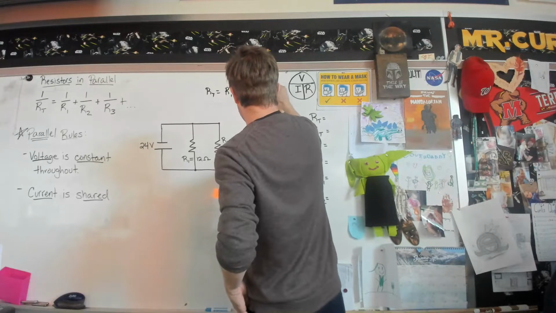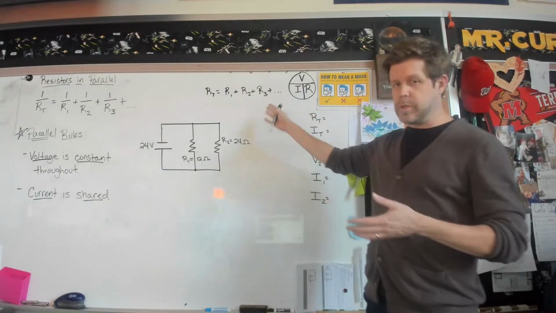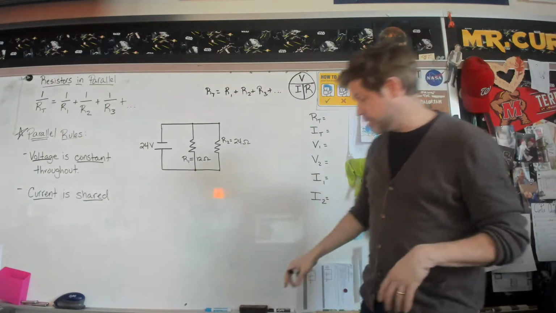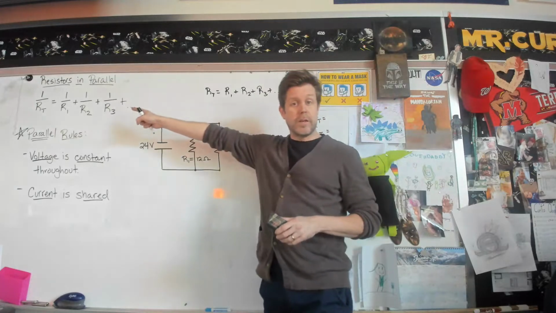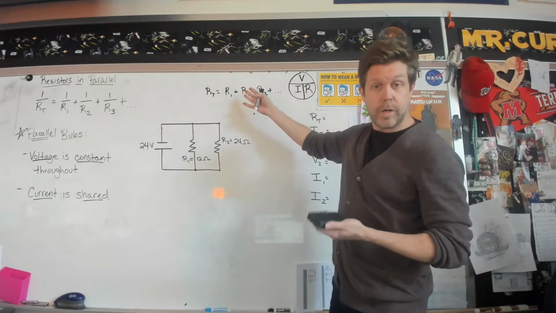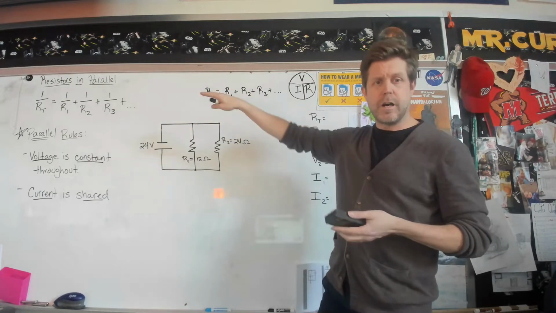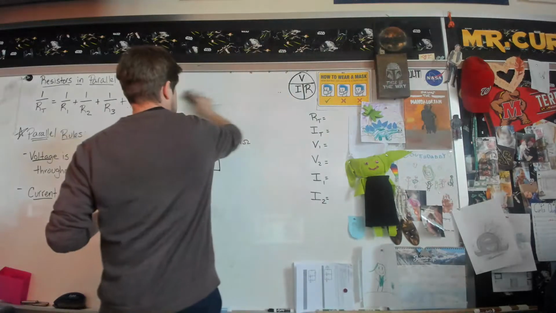And we wrote it this way: RT equals R1 plus R2 plus R3 and so on, however many resistors you had. Now, when we look at parallel, it is different. We have these in a fraction form now, and we have our representative resistors, R1, R2, in the denominator of a fraction. So we'll look at how that affects the way we do these problems.